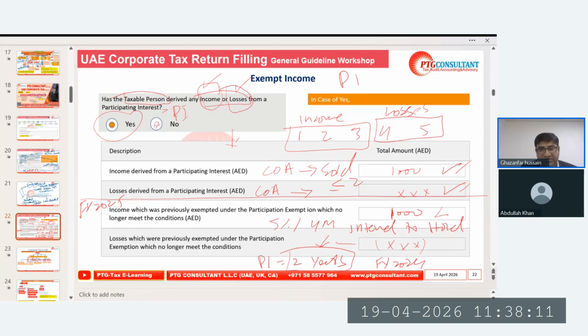Okay, let's move to the next slide. Regarding the exempt income, hope we understand this part.